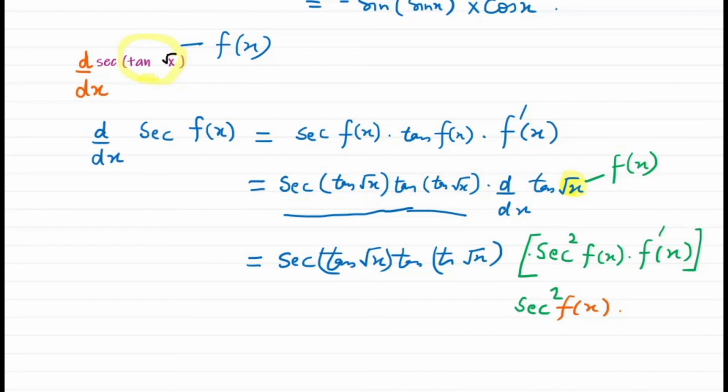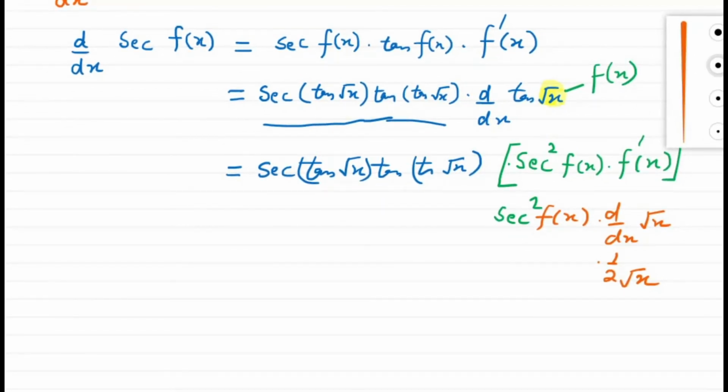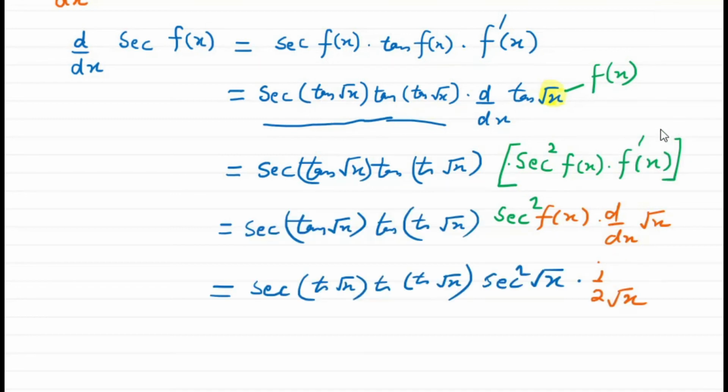So the differentiation of f(x) here, d/dx of root x is how much? d/dx of root x is 1 by 2 root x. So the remaining term we can write as it is. So here this will be your answer.